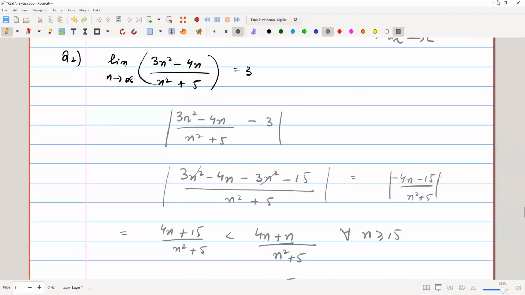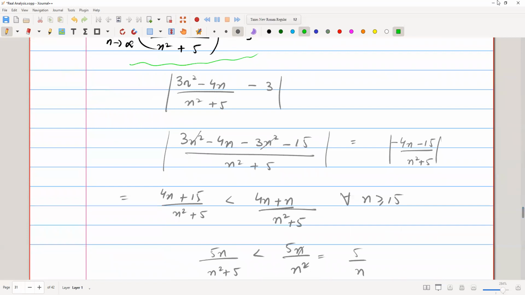Now let's take one more example, that is the limit as n tends to infinity of 3n squared minus 4n over n squared plus 5 equals 3. Now we can again apply the definition of the limit and simplify the problem. Up till here, we have simplified the problem, but it's negative 4n minus 15.